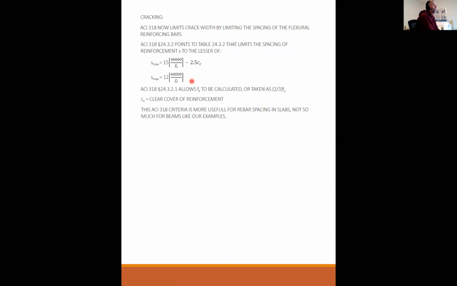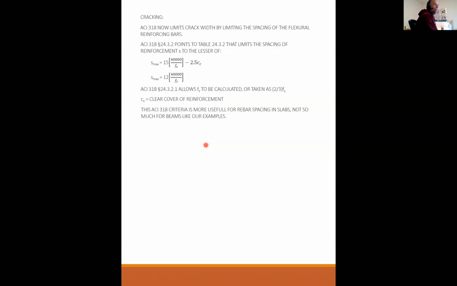I really just don't get why ACI put these in here. They're practically useless for beam design. I think even the textbook author, who is pretty polite, kind of alluded to the uselessness of these equations, but it is what it is.